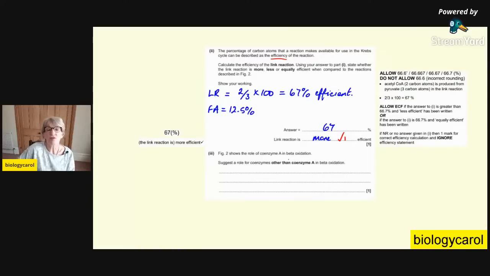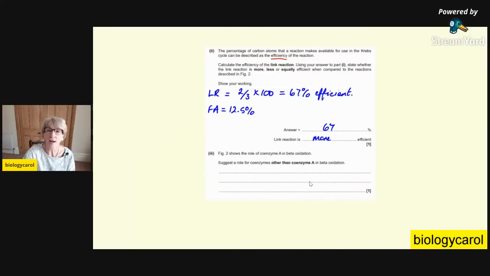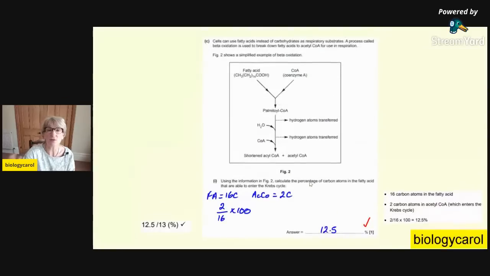Figure 2 shows the role of coenzyme A in beta oxidation. Okay, right. Suggest a role for coenzymes other than coenzyme A in beta oxidation. And you might immediately think, I know nothing else about coenzymes in beta oxidation. However, let me just point out to you that they're indicating hydrogen atoms transferred here.